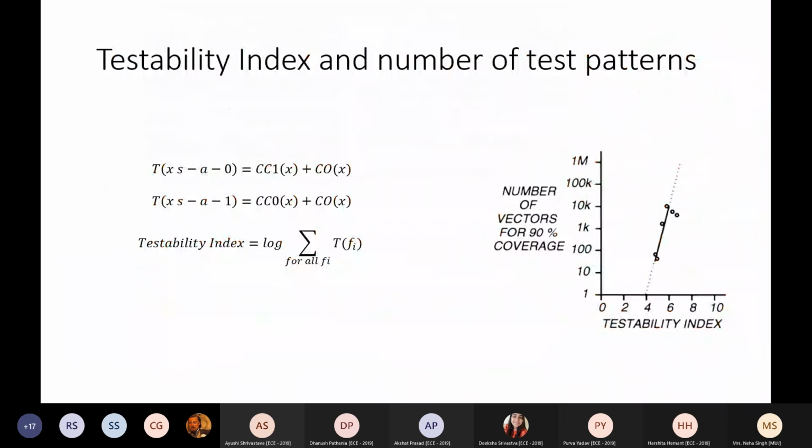Lastly, some uses of the calculated values of controllability and observability. We can use these values to check the testability index or to calculate the testability index.